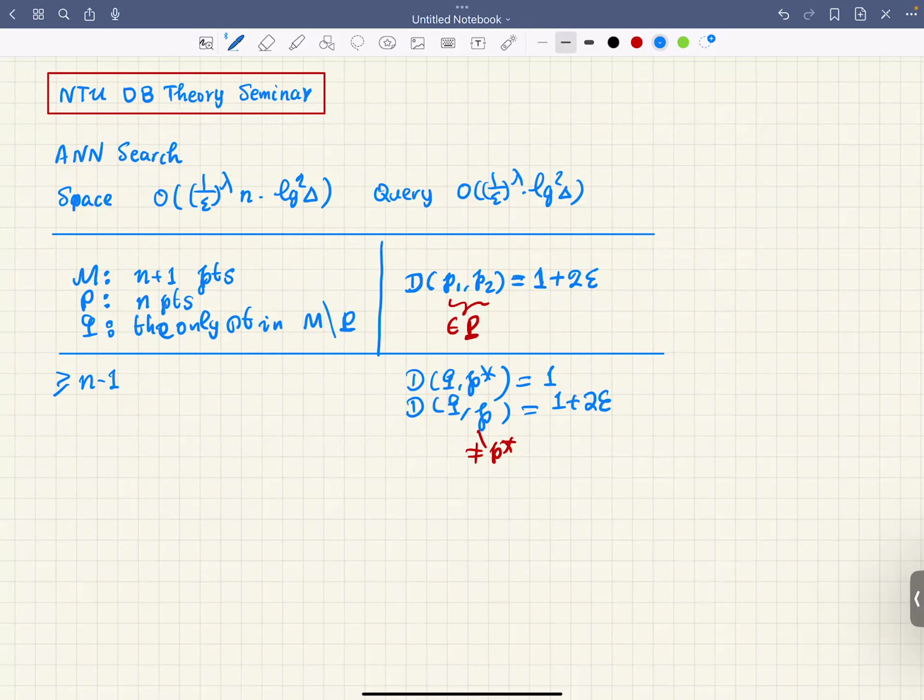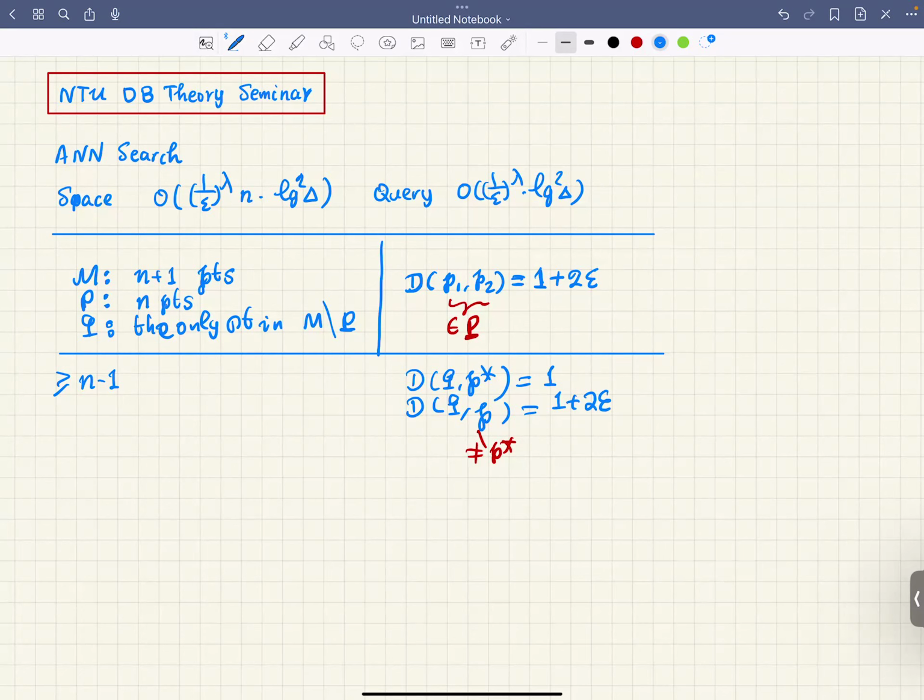Take 3 points that do not involve Q, and you always have 3 distances, from small to big: 1 plus 2 epsilon, 1 plus 2 epsilon, 1 plus epsilon. All good. If you involve some Q, then in the worst case you will have 1, 1 plus 2 epsilon, 1 plus 2 epsilon. And again, the triangle inequality is respected.